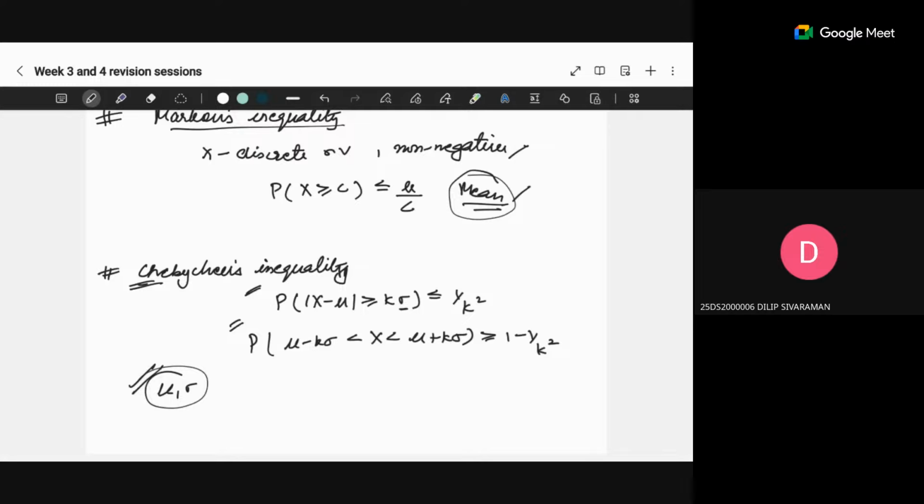No, I am stating only the mean is given, no sigma is given. Then I'll go with Markov's inequality. If both mu and sigma are given, then I will go with Chebyshev's inequality. My question was, ma'am, with just mu you are able to calculate the value using Markov's also, right? So why is it that when sigma is given, you prefer Chebyshev's? What's the difference?